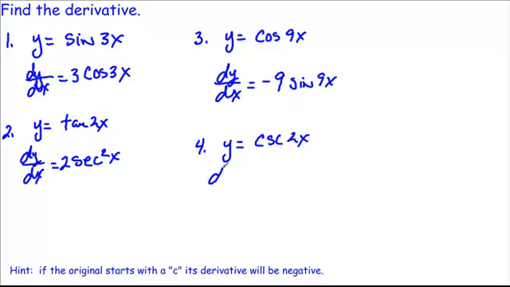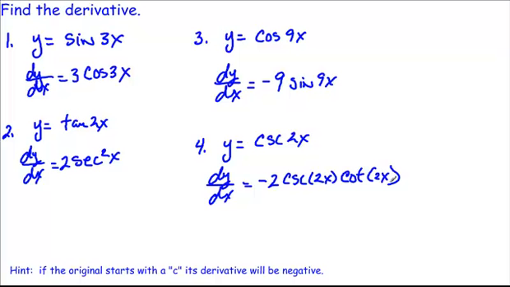Then dy/dx would equal negative 2, because once again it starts with a c, so its derivative is going to be negative, cosecant 2x cotangent 2x. And this 2x just represents the angle measure.